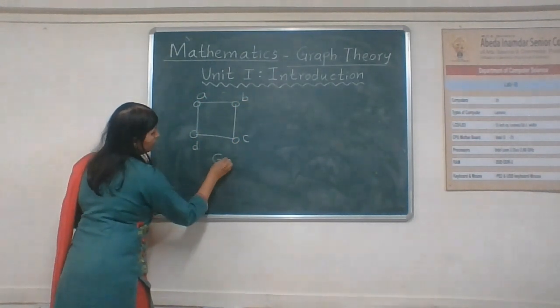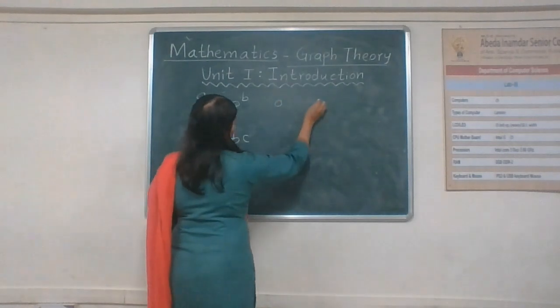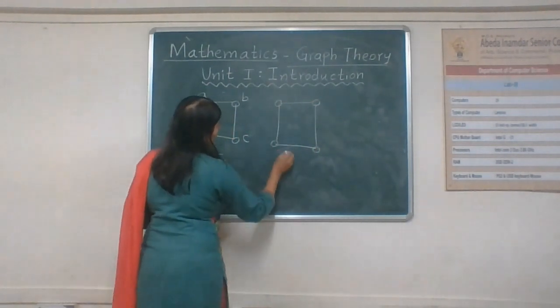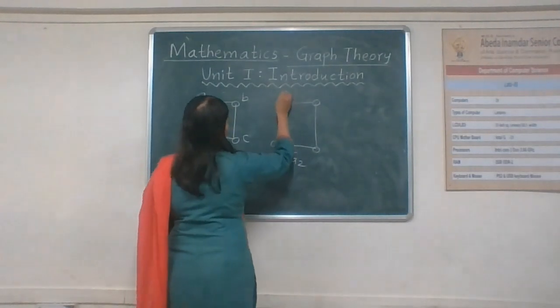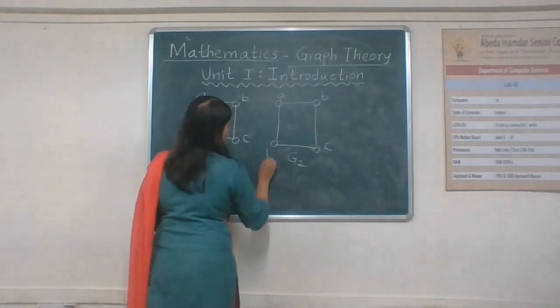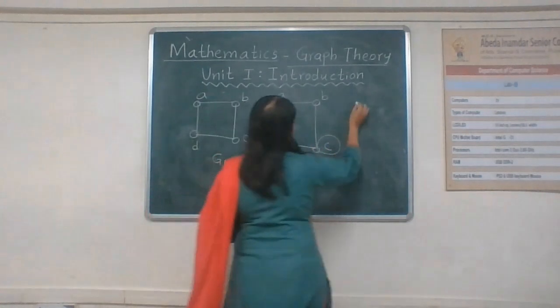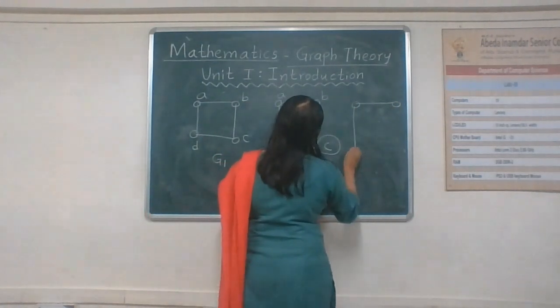So this is one graph. We call this graph G1. Now I will modify this graph and call that graph G2. And one more graph, say G3.